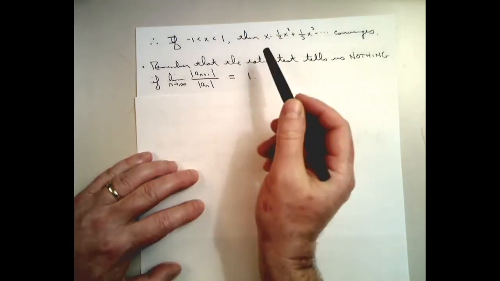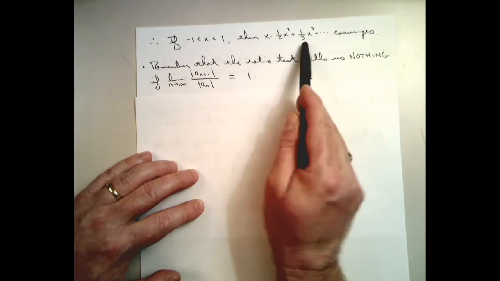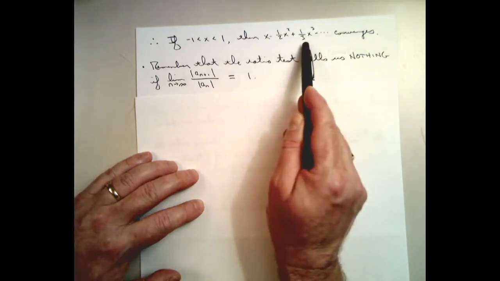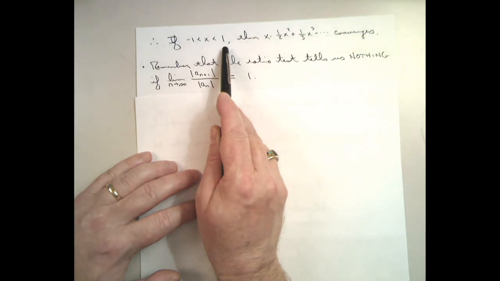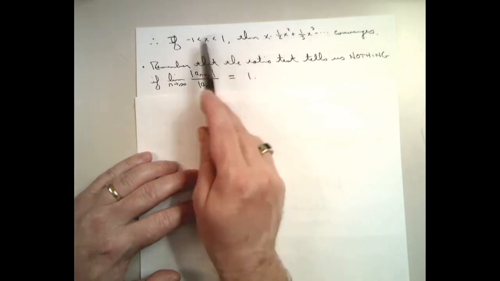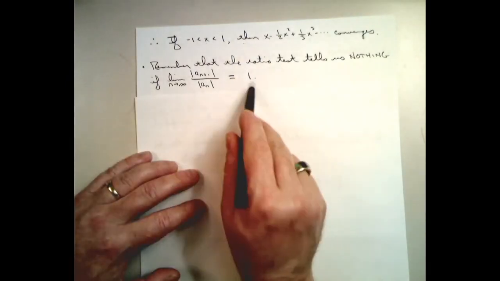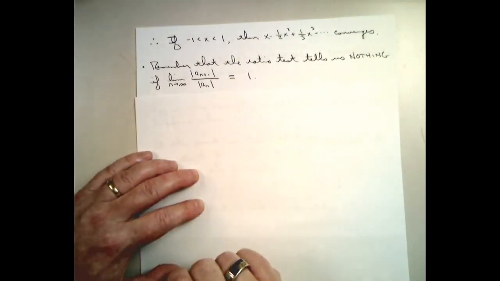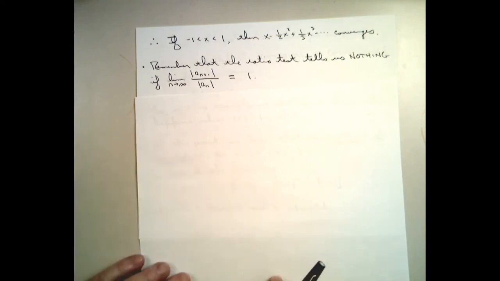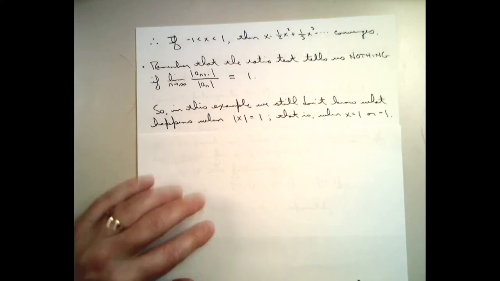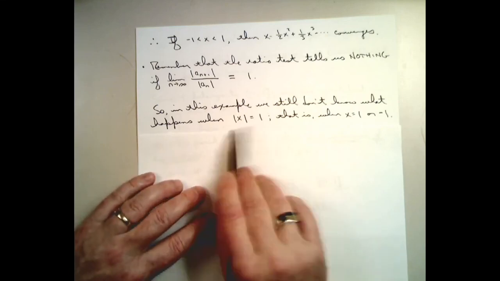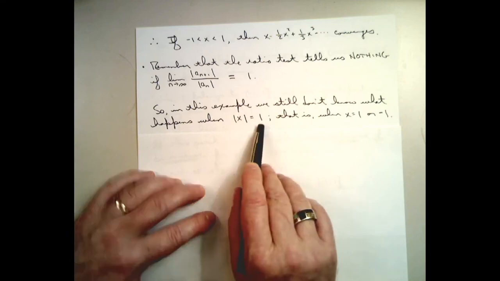What I know from this statement right here is that the series will definitely converge on the interval from -1 to 1. It will definitely diverge whenever x is bigger than 1 and whenever x is less than -1, but it doesn't tell us anything about what happens whenever x is just 1, right?